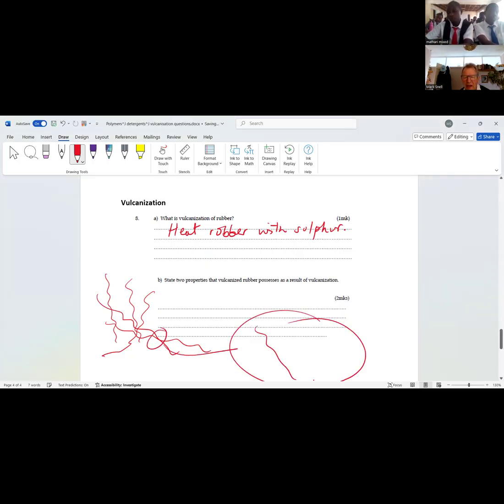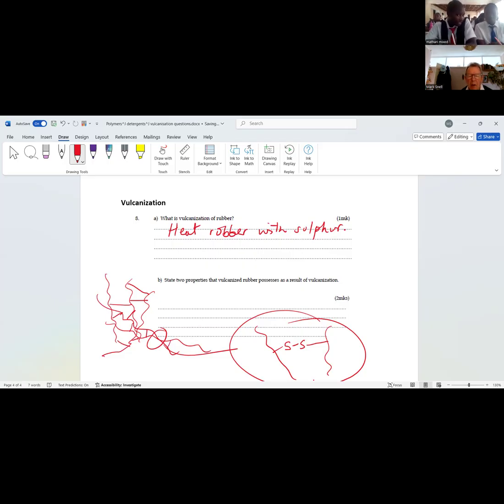Here's one chain and here's another chain, and the sulfur attaches between the chains like this. And it does it quite often. So there are lots of what we call cross links. That's links between the rubber chains. Okay, so there are lots of them.